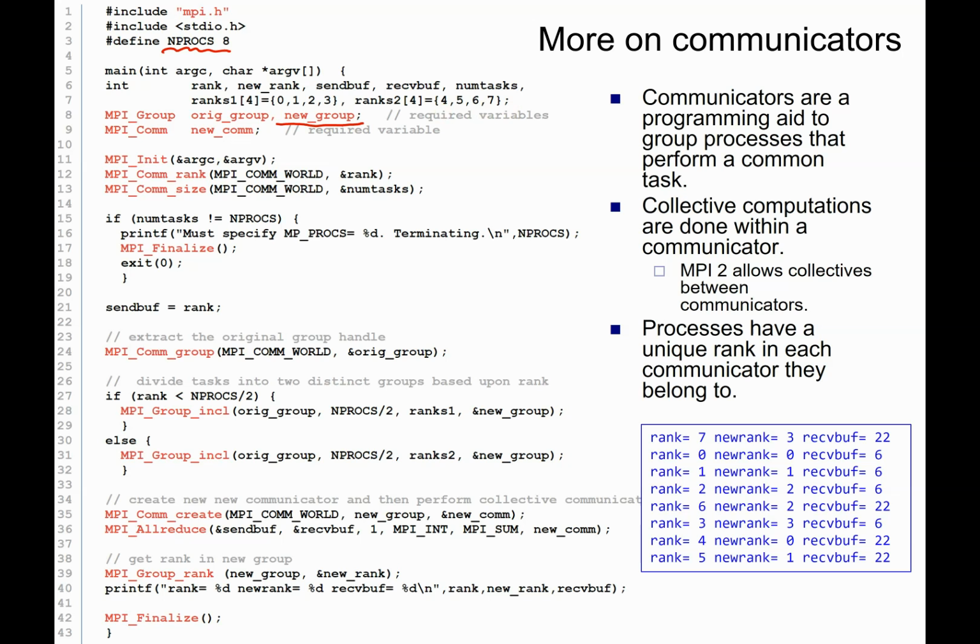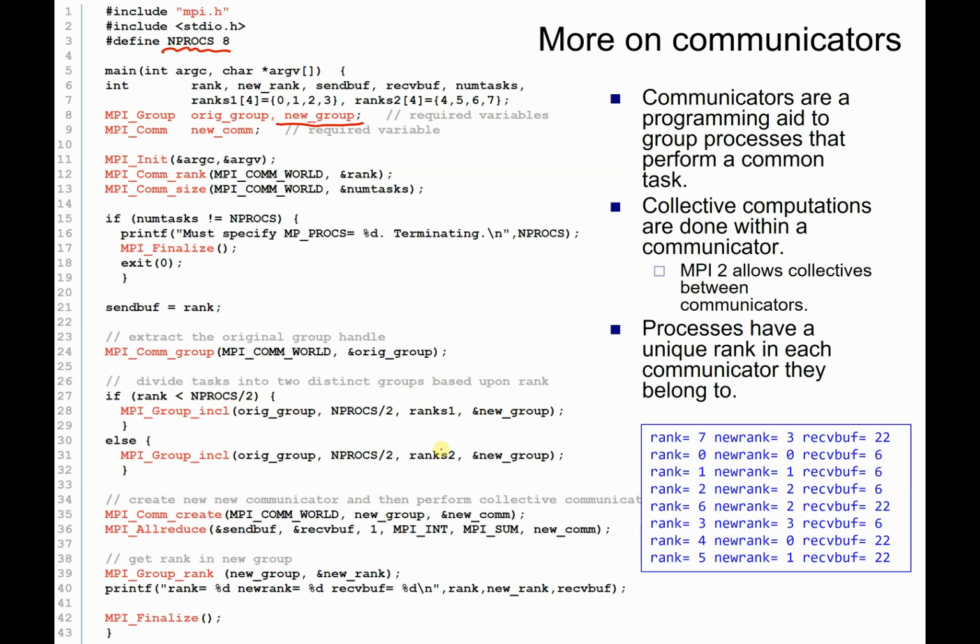Each process 0 up to 7 is going to compare its rank with this value, which is going to be 4 over here. We have 8 processes divided by 2, which is 4. If the rank is less than 4, then it's going to use the first set of ranks and get included into the new group.